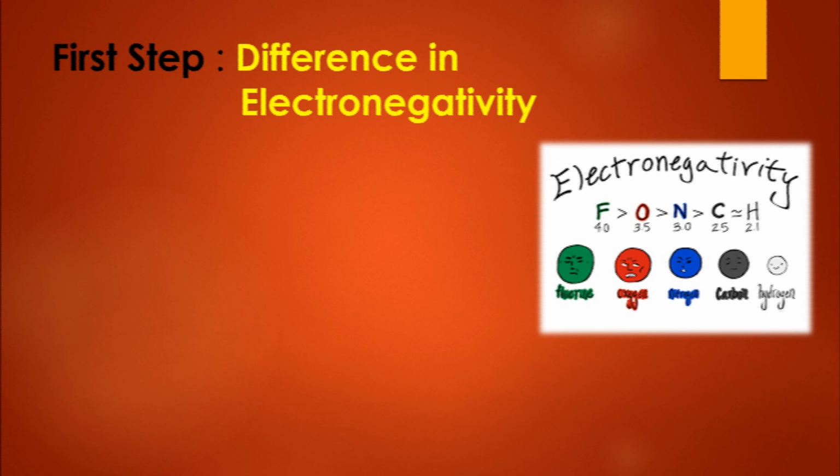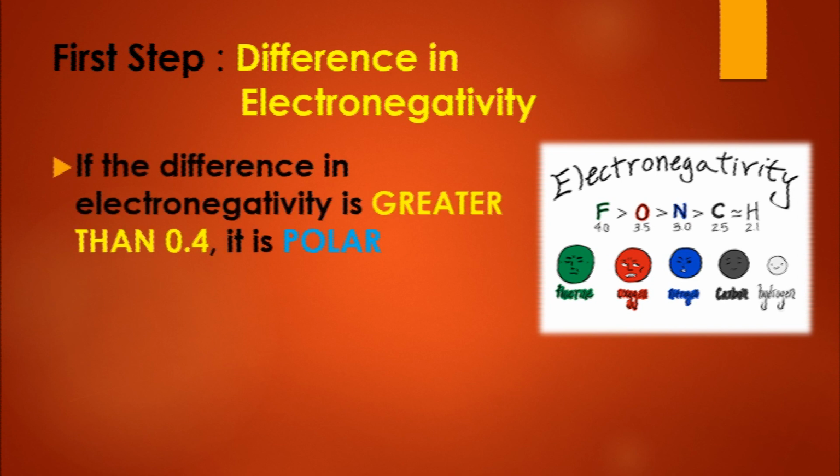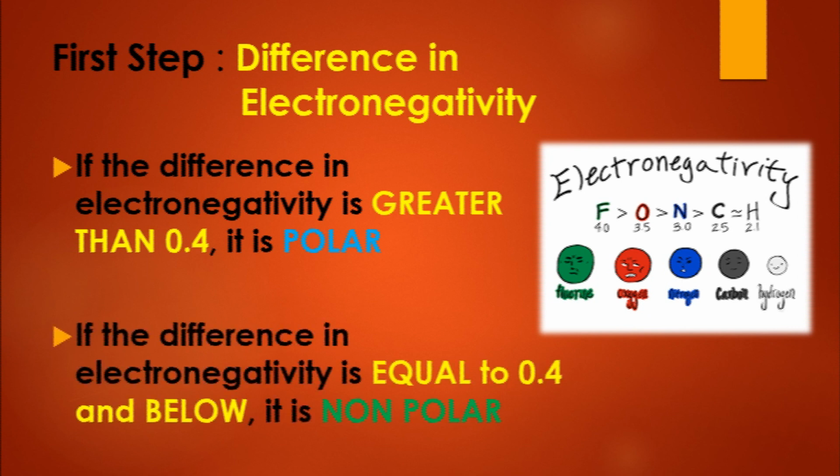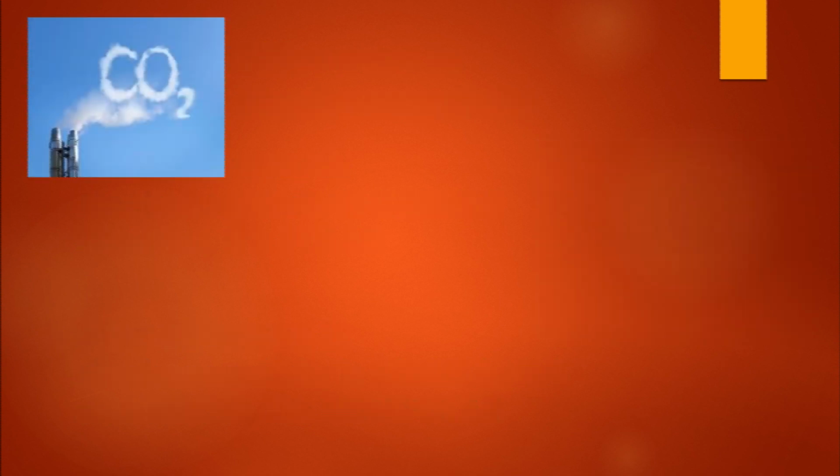So what we're going to do is to just simply look at our periodic table at hanapin ang electronegativity ng elements na involved. It says here that if the difference in electronegativity is greater than 0.4, it is said to be polar. While if the difference is 0.4 and below, it is said to be non-polar.